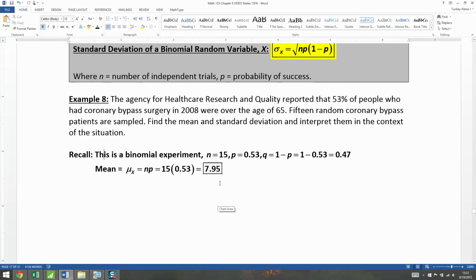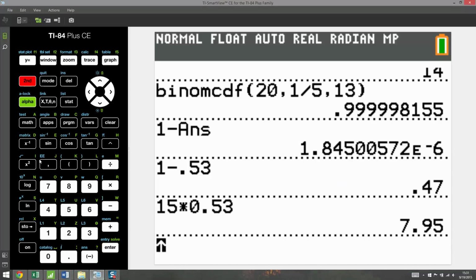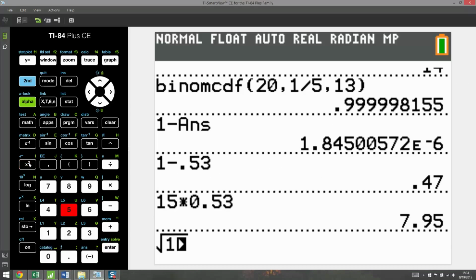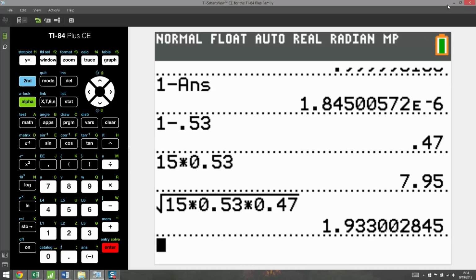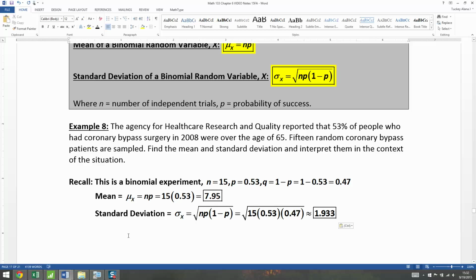Now the standard deviation will be sigma, and that's the square root. You can actually just do it all at once. Square root of n, which is 15, times p, which is 0.53, times 0.47. And you get 1.933.